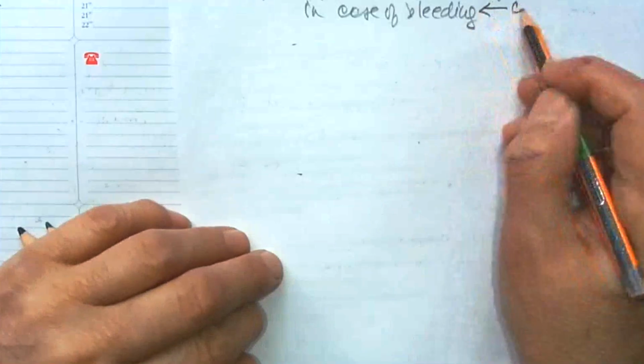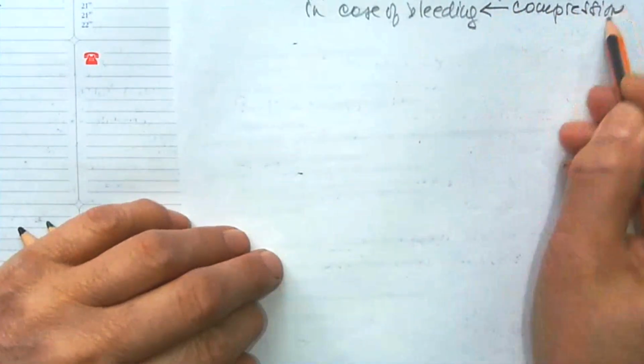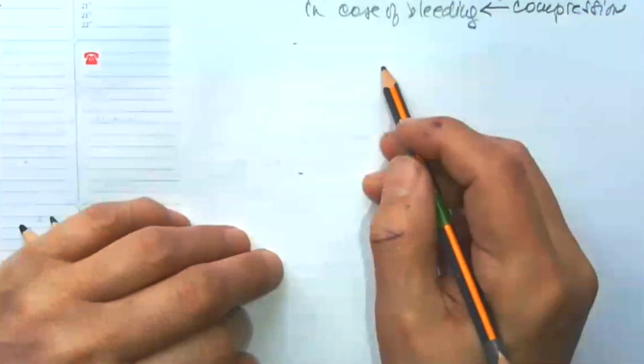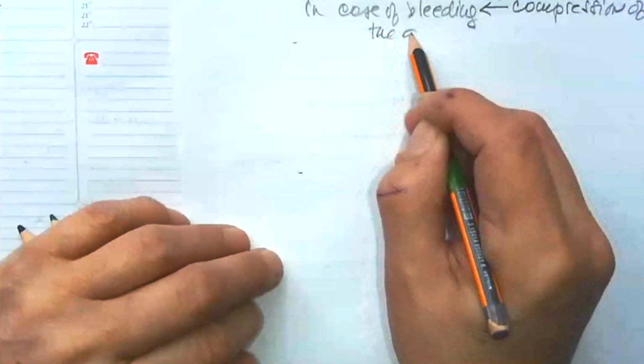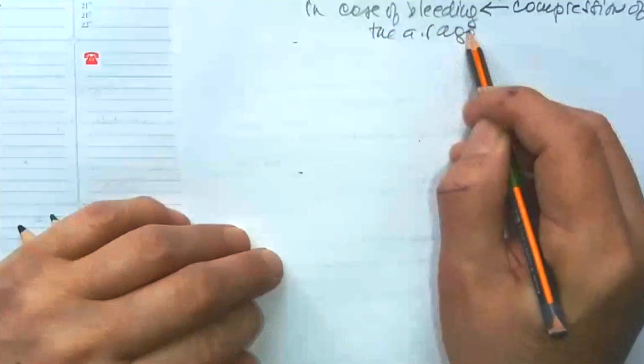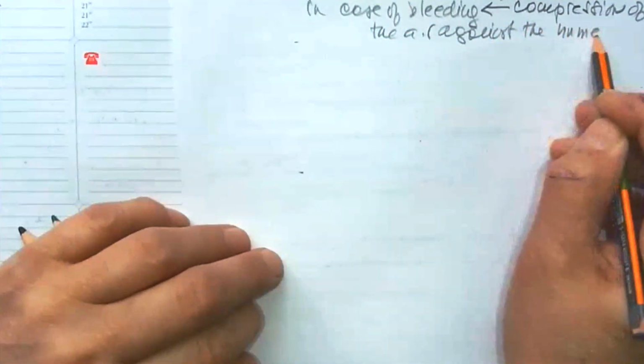You can add compression. There are more arrows, but it's faster than writing. The whole sentence is compression of the artery against the humerus. Good. Important information.